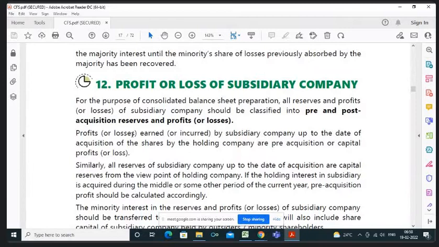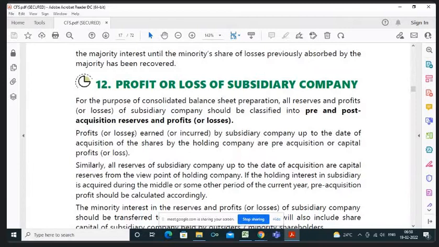For example, the profit for the financial year, from April to March, is 120 lakhs. But the subsidiary was acquired on, let's say, July 1st. Then how many months are the pre-acquisition period? 3 months in the current financial year: April, May and June. So based on time basis, we have to divide the profits.